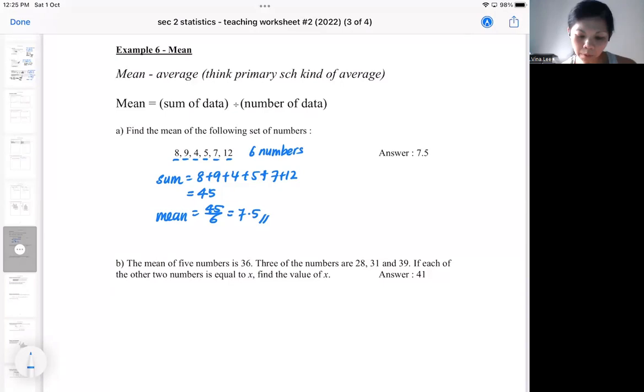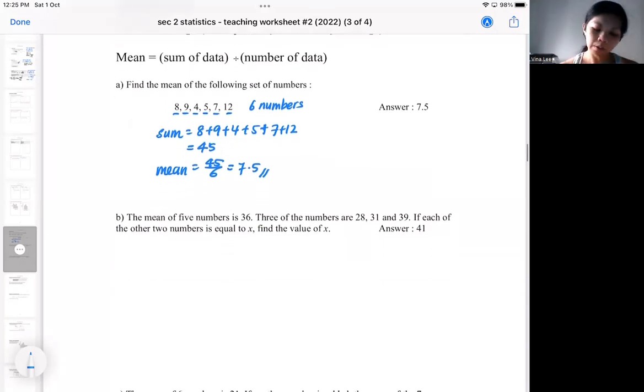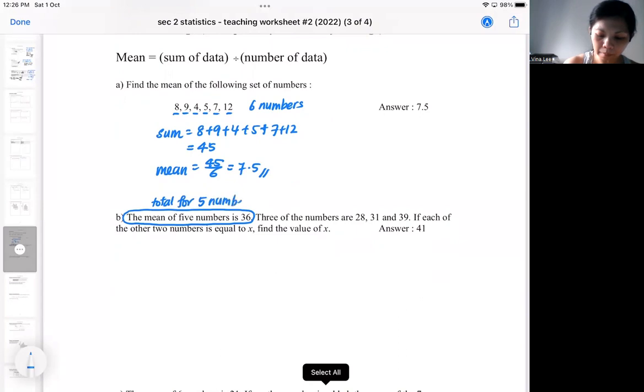Some related questions: let's say you got 5 numbers and you know the mean is 36. The first thing you have to relate to is the total for the 5 numbers. You might want to visualize it this way.